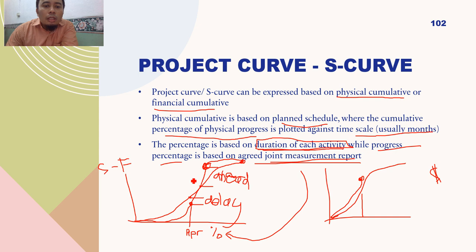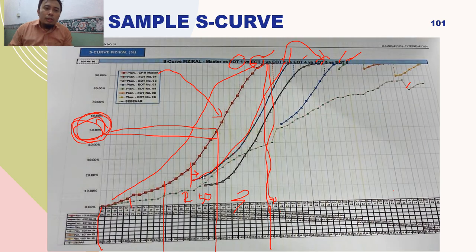But on physical curve that might not be the case because the duration is small. So there's a bit of difference, so you need to see both. Usually they are more concerned about financial curve. Some of the projects, like the one I've shown, are more on physical curve. They want to see the physical S curve.